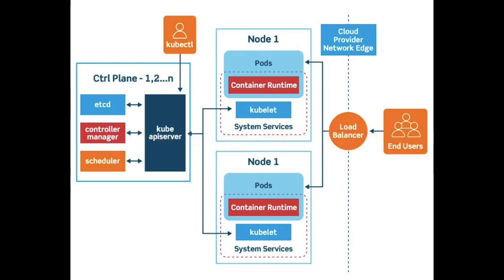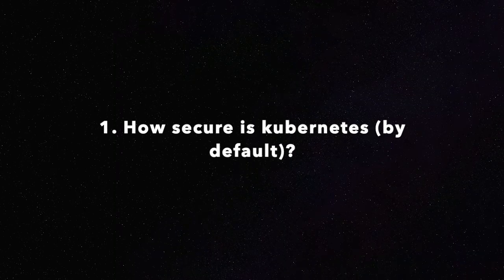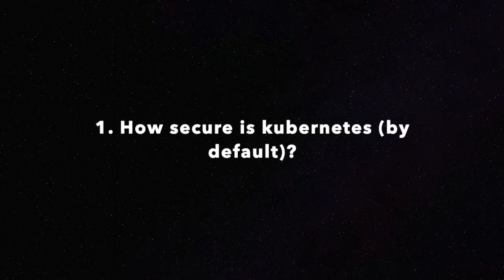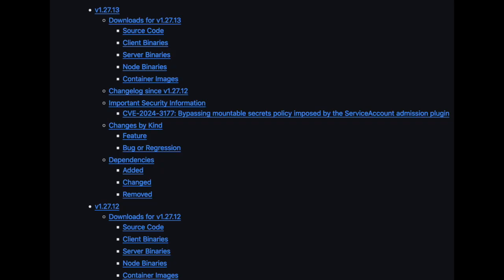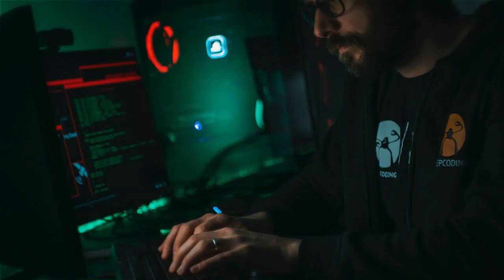Okay, so let's start with how secure Kubernetes is by default. It is designed to be secure with every release, with every changelog. If you look into it, there are security mindsets, there are security-related fixes coming in, there are researchers working on Kubernetes internally and externally.